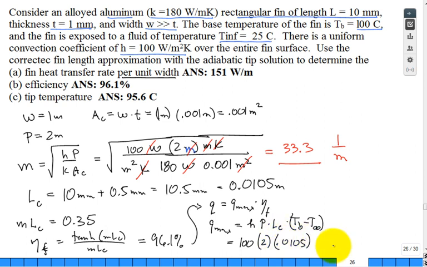And then the temperature at the base, 100 minus the fluid temperature, 25. 157 watts, and then you said, hey, but we picked 1 meter width, so it's 157 watts per meter of width of the rectangular fin. And then you multiply by 96.1%.